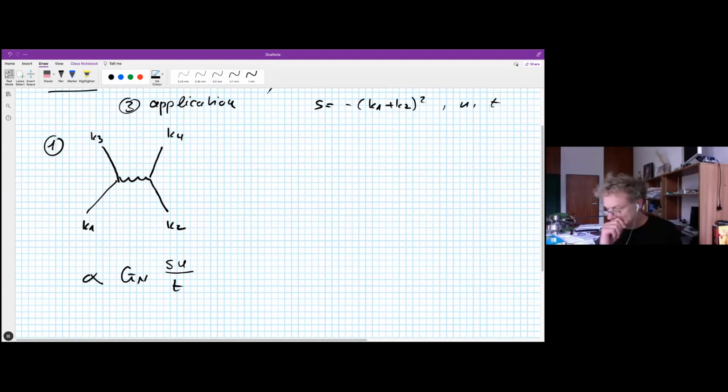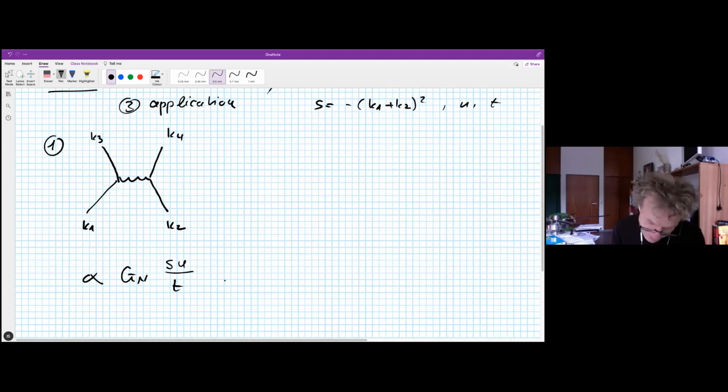Now, suppose you take the center of mass energy s to be very, very big compared to the Planck scale, then you will find that this amplitude grows. This is nothing loop quantum gravity, nothing loops. It's just tree-level gravity. So one will find that this amplitude grows, and in fact grows without bounds, simply because s will be large.